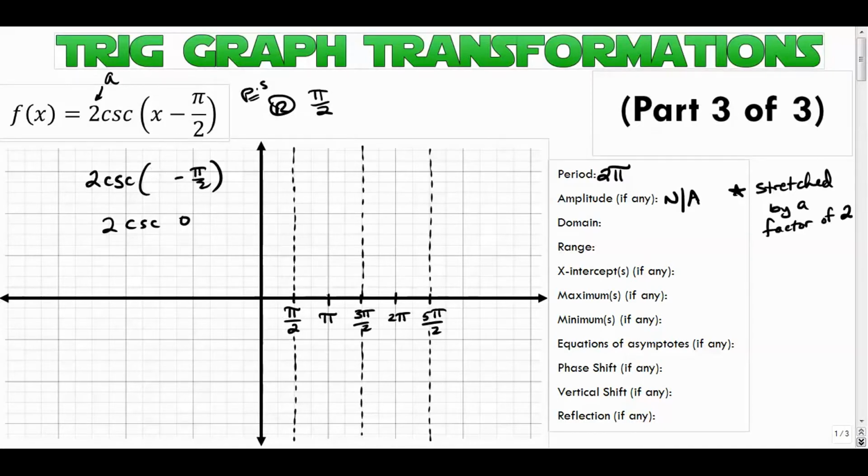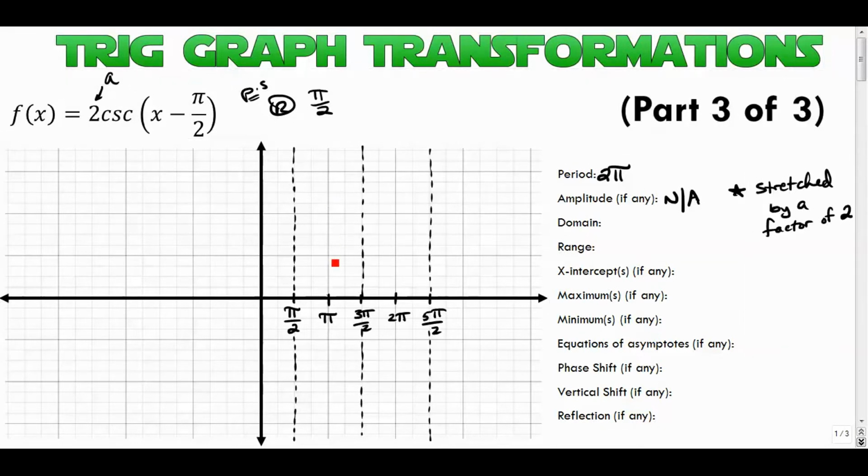Same thing would happen if you plugged in 3 pi over 2. 3 pi over 2 minus pi over 2 is pi. Right? Sine of pi is 0. Cosecant of pi does not exist. There's an asymptote. 5 pi over 2, same deal. Okay, so we've got our asymptotes in there.